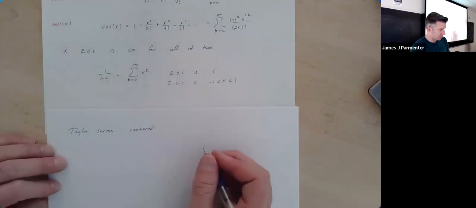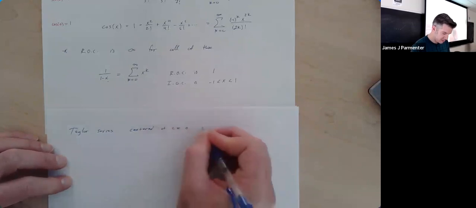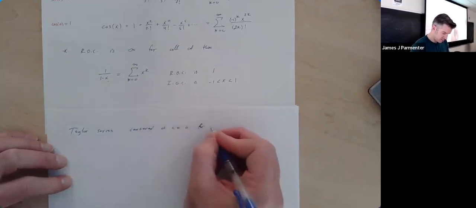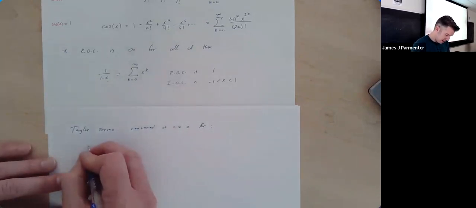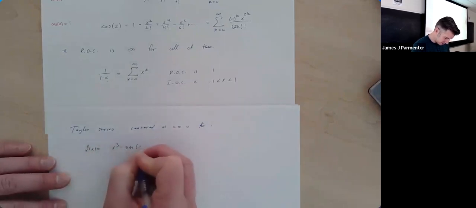I guess I could say the Maclaurin series and not have to write centered at 0. For f of x equal to x cubed times sine of x squared.